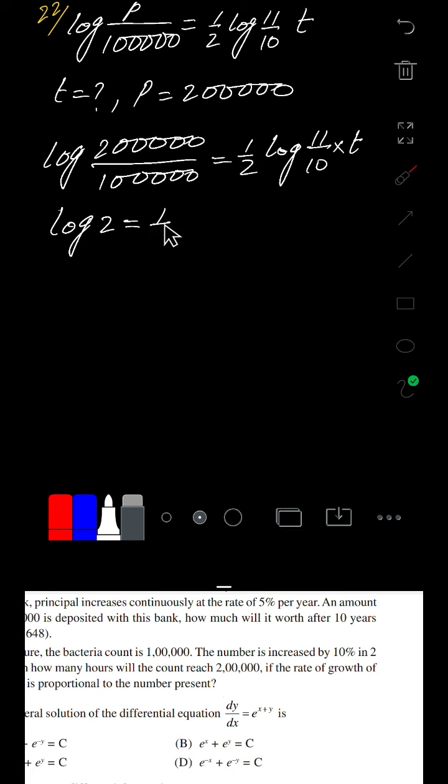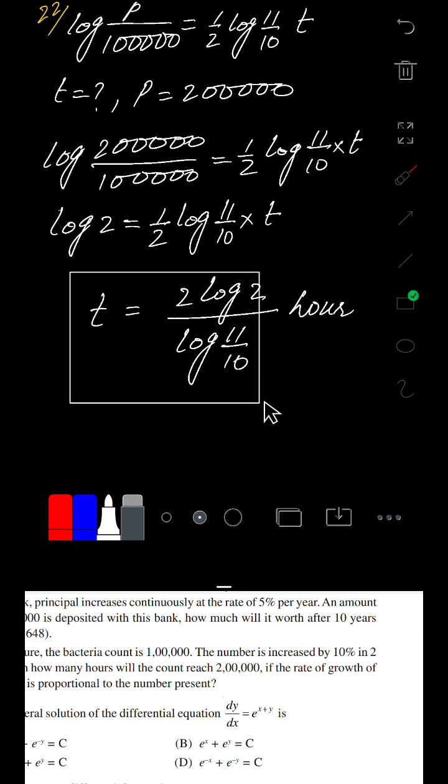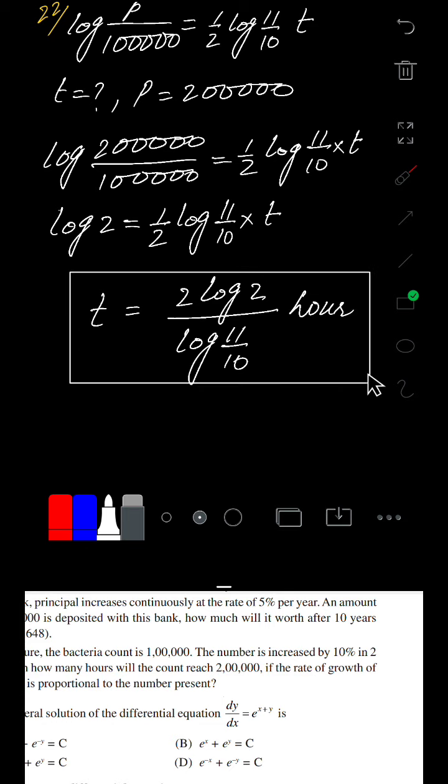The right hand side we have half log 11 upon 10 into t. So transposing this expression to the left hand side, we get t is equal to 2 log 2 upon log 11 upon 10 hours. So this is the required solution of the given problem.